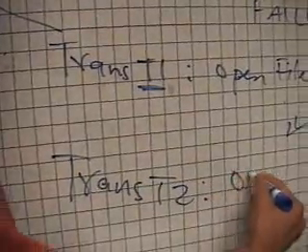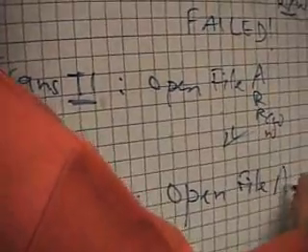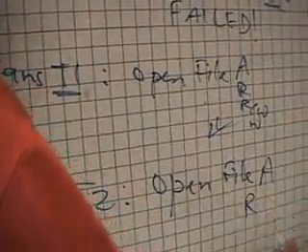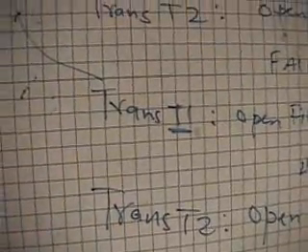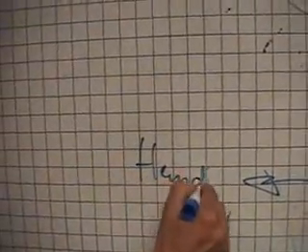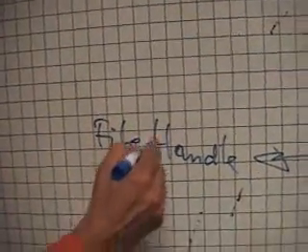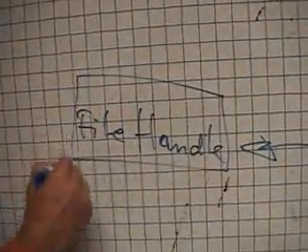However, if this transaction T2 were to open file A simply for reading, this would succeed. And not only will it succeed, the file handle that would be returned would be an isolated handle.